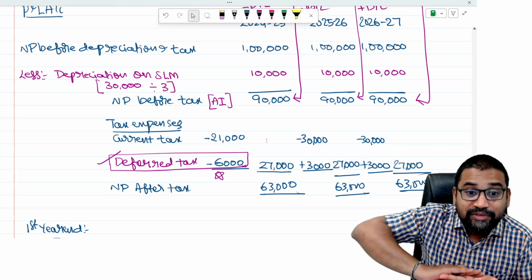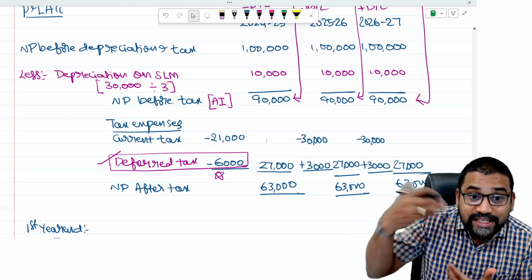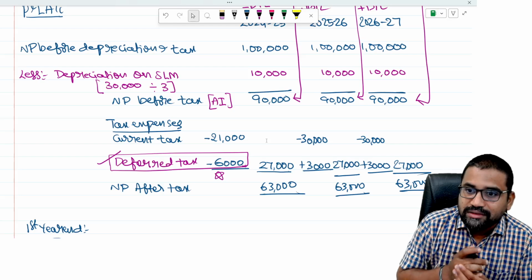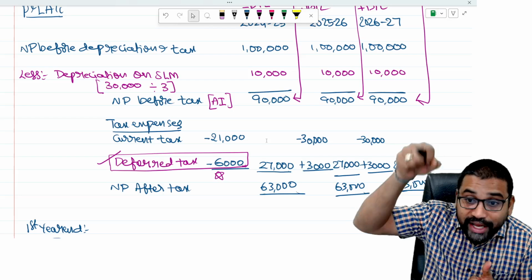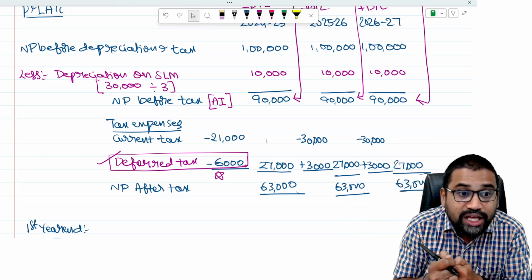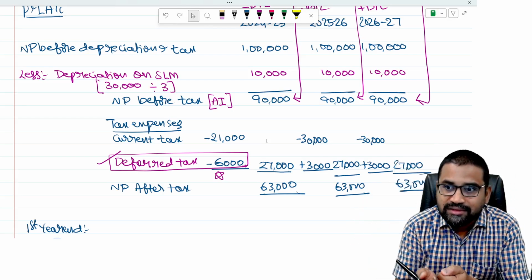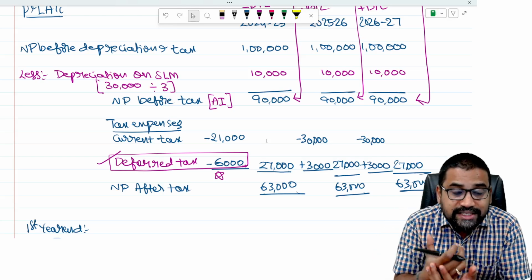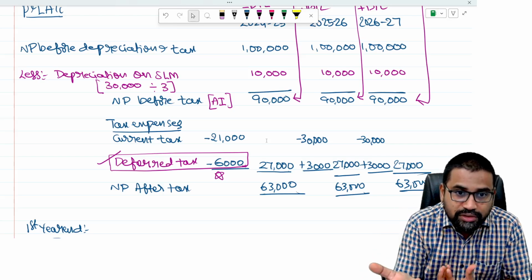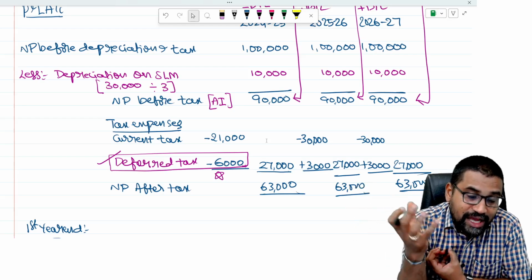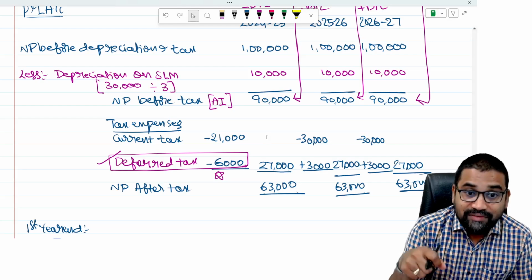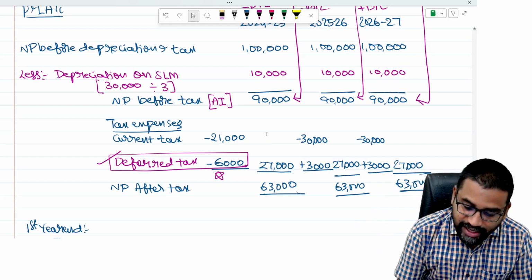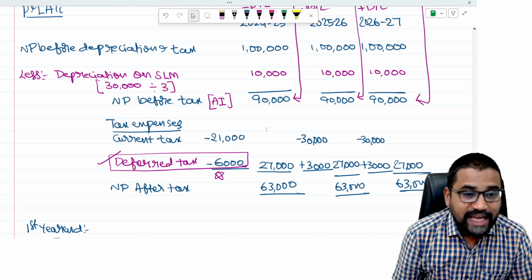Because of the difference between accounting income and taxable income. And these differences are only timing differences. Now for those timing differences, what will be the tax effect? You recognize it in the books and match the accounting income with the taxes. So the concept of deferred tax is to ensure that the tax effect of timing differences is anticipated and recognized, and with that we try to match the accounting income with tax expenses.